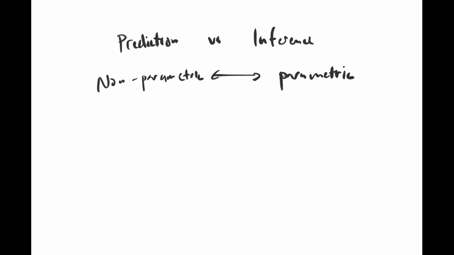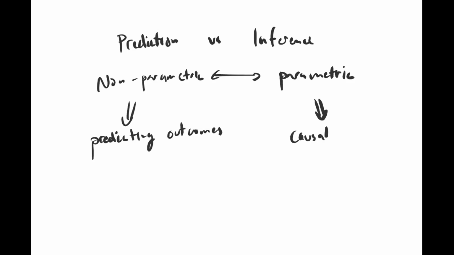And here we care about predicting outcomes, whereas in the parametric we care more about causality of variables.